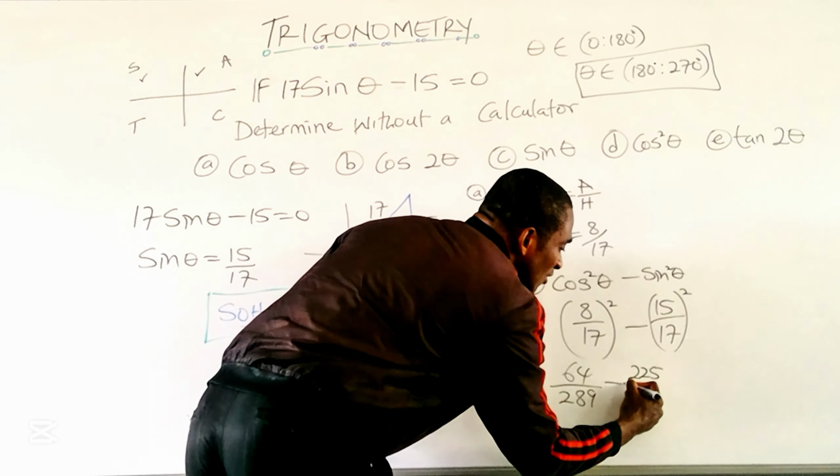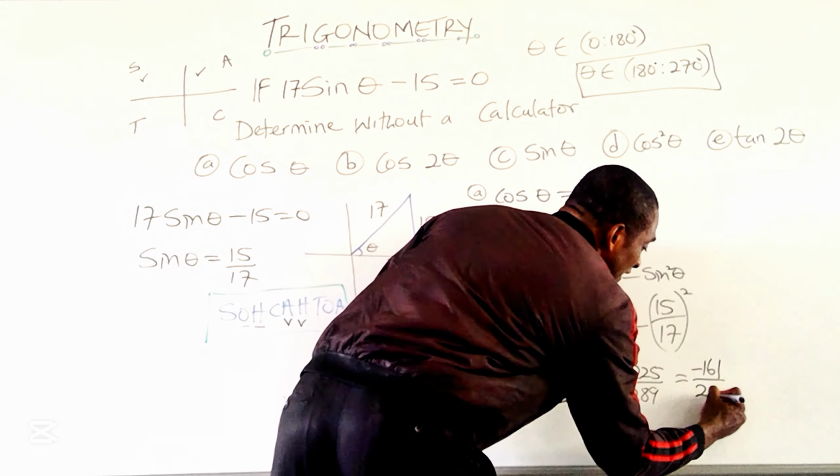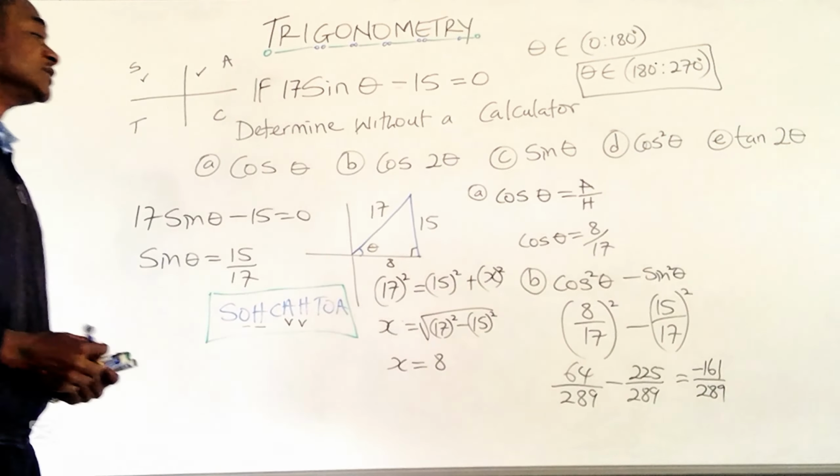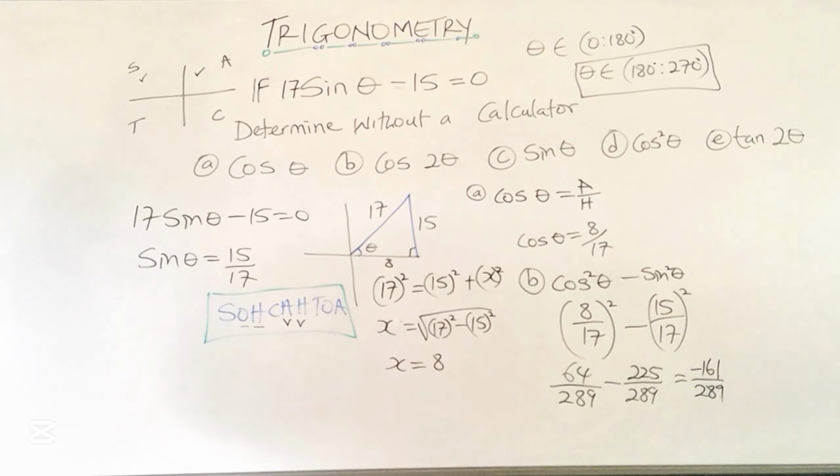So this will give us negative 161 over 289 as our final answer. So cos of 2 theta, without using a calculator, will give us negative 161 divided by 289.